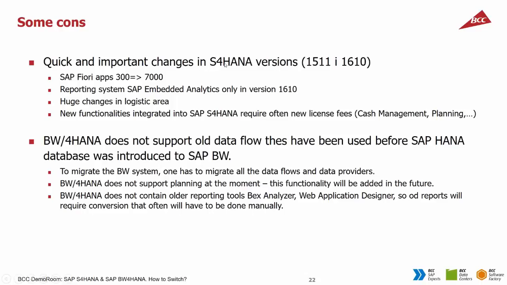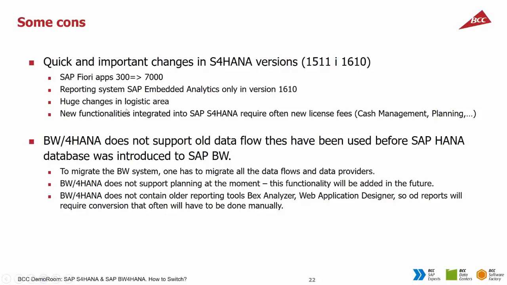and there are some cons against S4HANA as well. So S4HANA and BW for HANA are new products, so they are still developing. So for example, the S4HANA version that was released last year had only 300 Fiori apps, but now it has 7,000, the newest version that was made accessible a few months ago. So, for example, the new embedded analytics system, a new reporting system, was added only recently with version 1610.